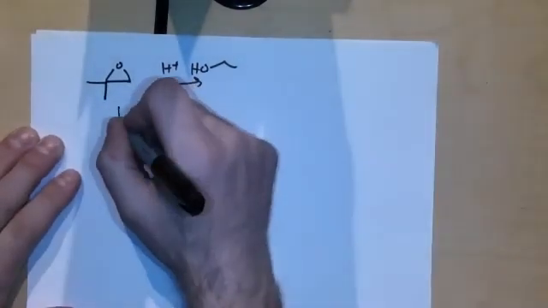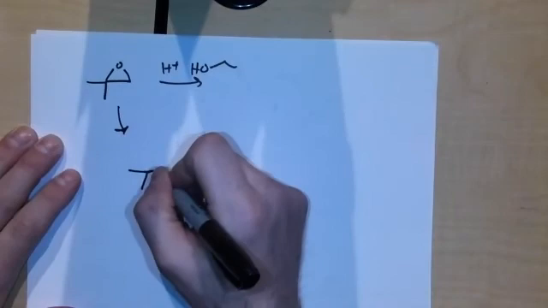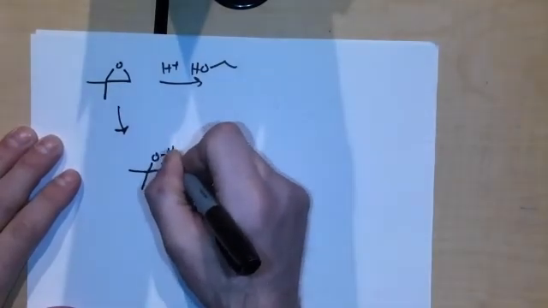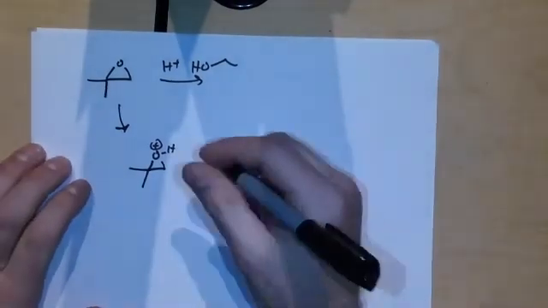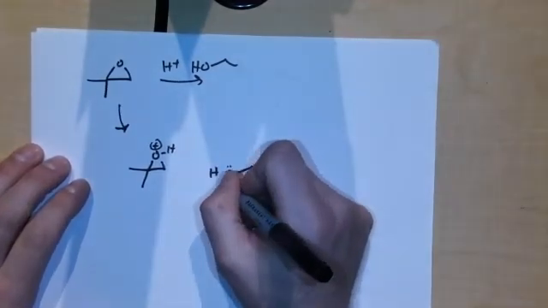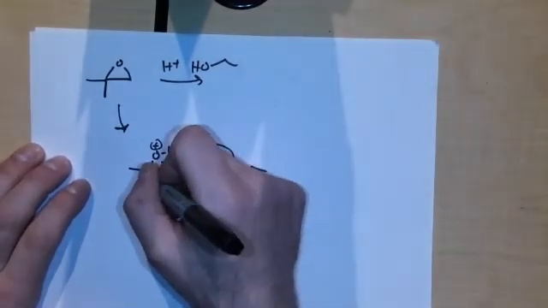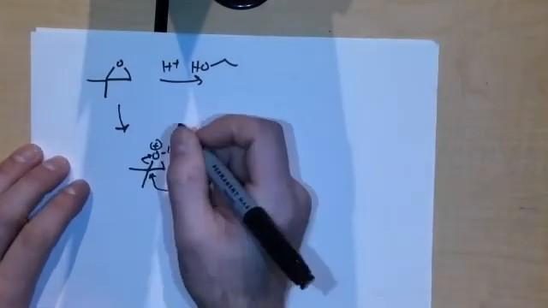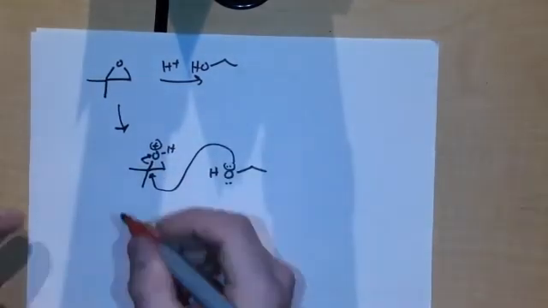This is going to make our positively charged version of this. From here, ethanol can come in. It'll attack at the more substituted position because that's more electrophilic.